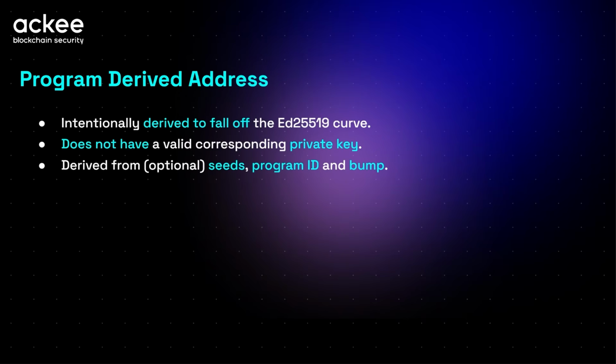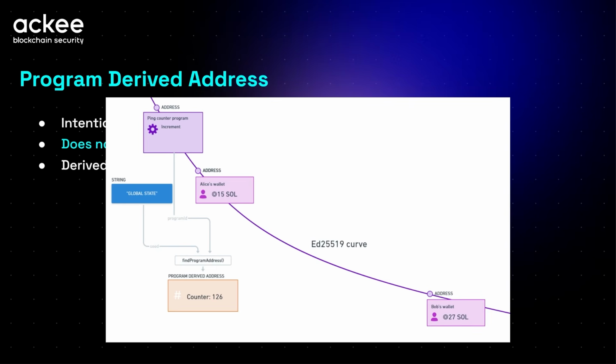You will see for the cross program invocation part that the program ID is really important in order to be able to create the signatures during the cross program invocations. And also you will see why the bump is important. The seeds are optional, so the seeds field can also be empty. But let's talk about the example.